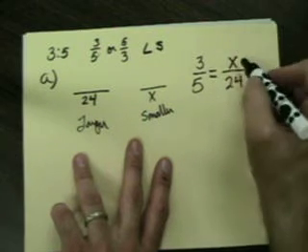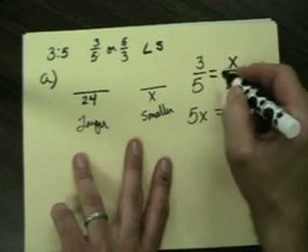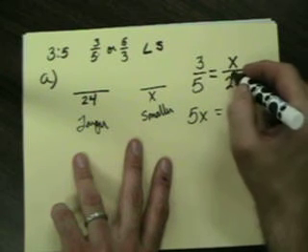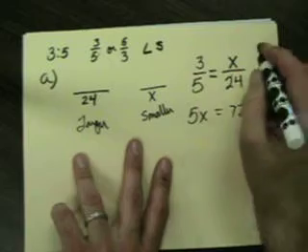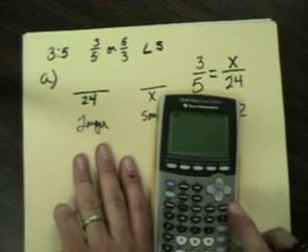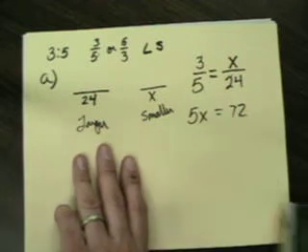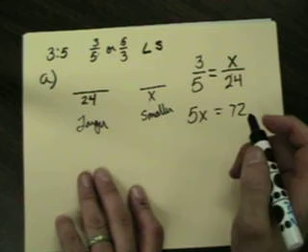No reason to fight it. Cross multiply. 5 times x is 5x. 3 times 24, 72, I believe. Good. Okay, so it's 72.